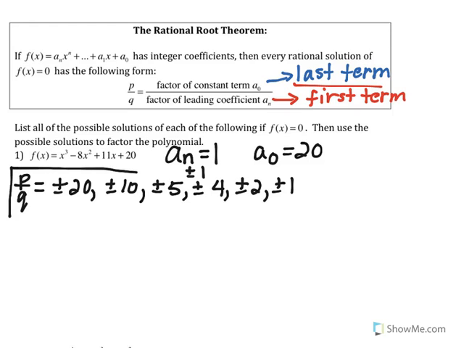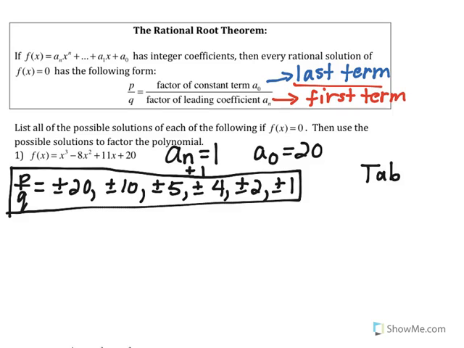So these are all the possible factors. If we were going to test these out, it could take a long time before finding one that works. If you type this function in your calculator and then hit second graph and go to your table, the table will help you identify good whole number factors.